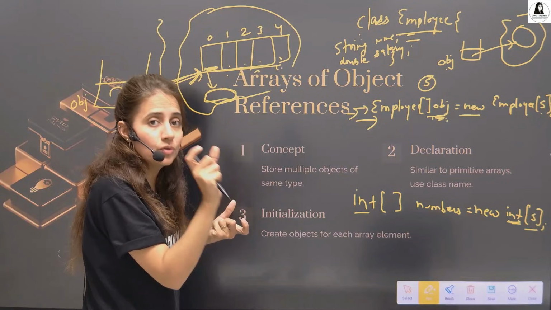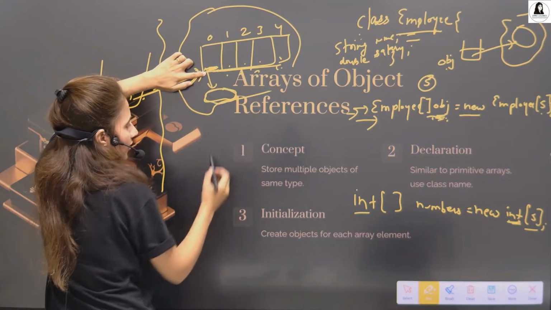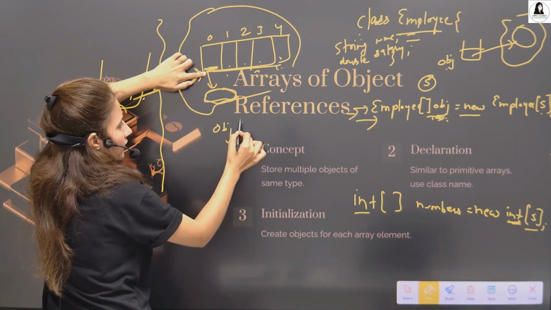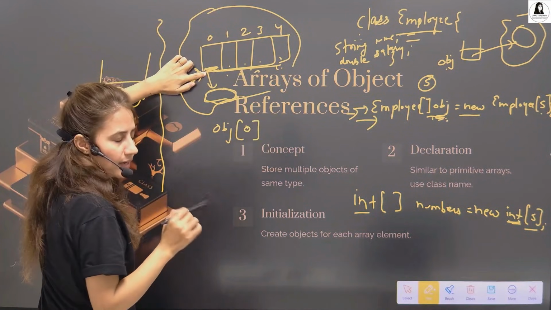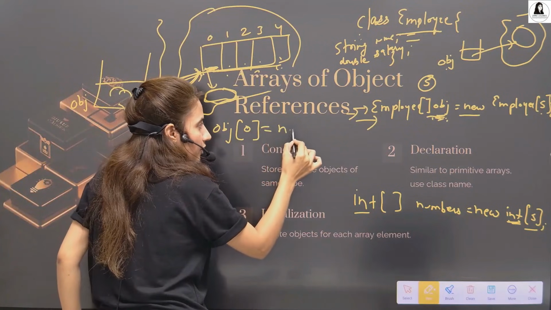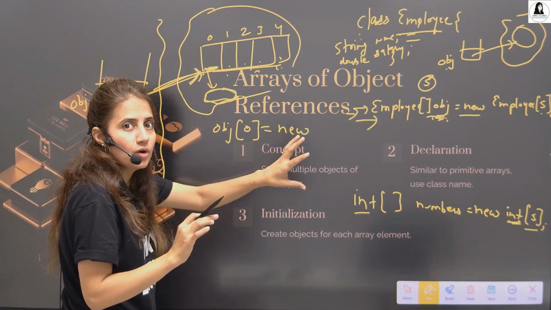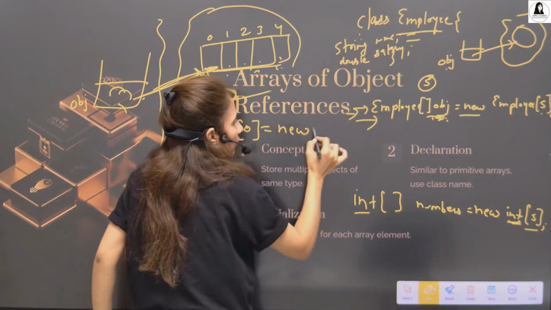So now you instantiate the individual object. And how? To access this, you write simply obj and the subscript, like index 0 is equal to new. You have to create the actual object. So again new, and the type is simply Employee.